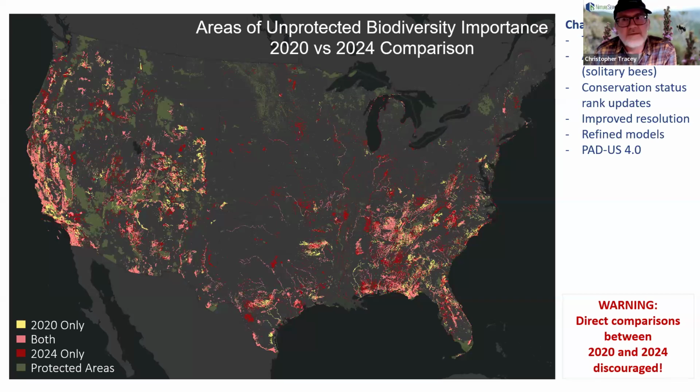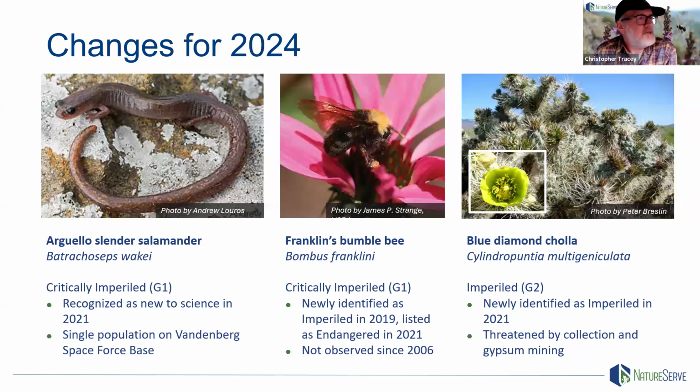Right, next slide, Max. Right, just getting into some of these changes that we have here. These three species really illustrate that change. Each of these species was not included in the 2020 version of the Map of Biodiversity Importance, but they're in this edition. 5 years ago, when we first started thinking about that, we didn't realize any of these species needed our attention. The salamander on the left wasn't described until 2021.